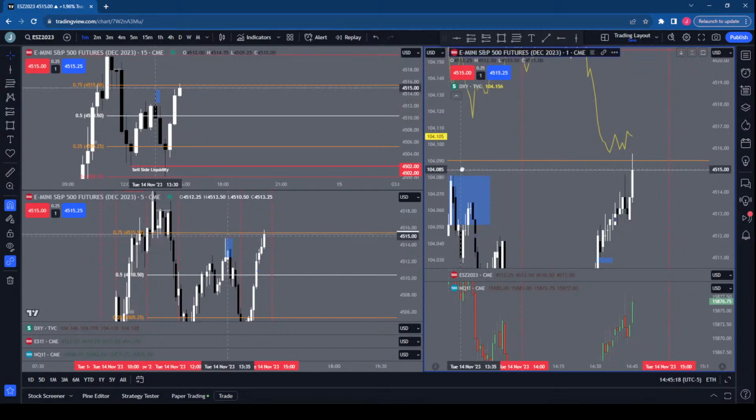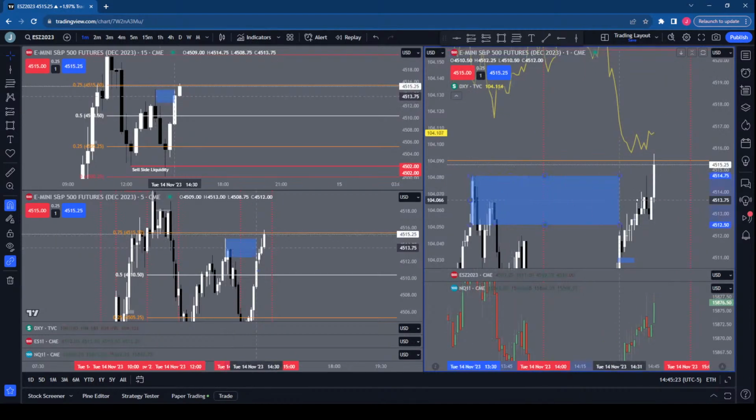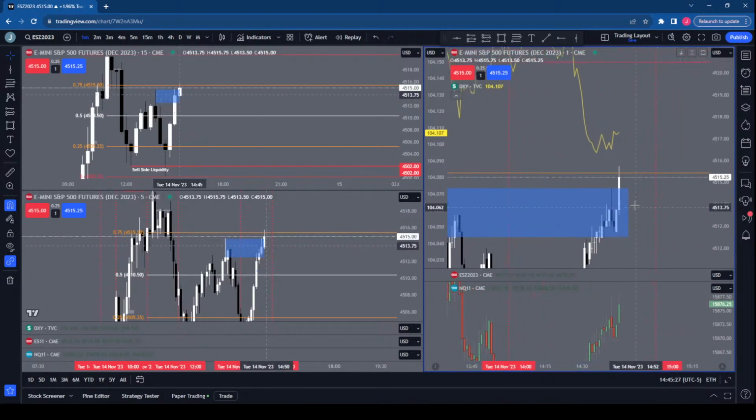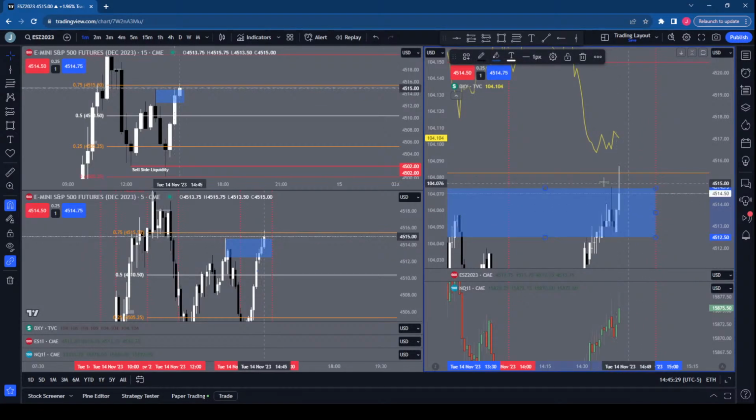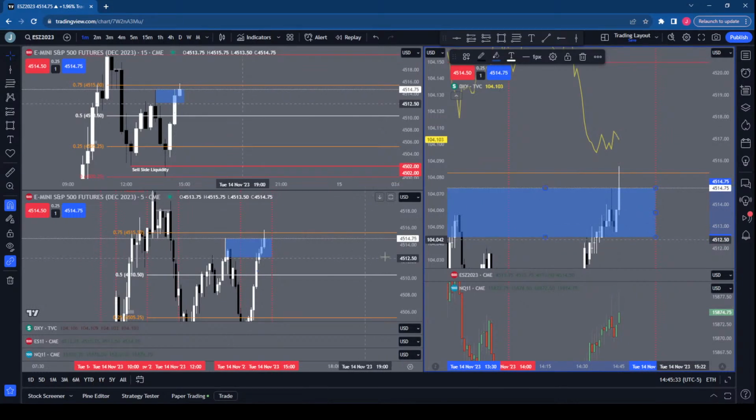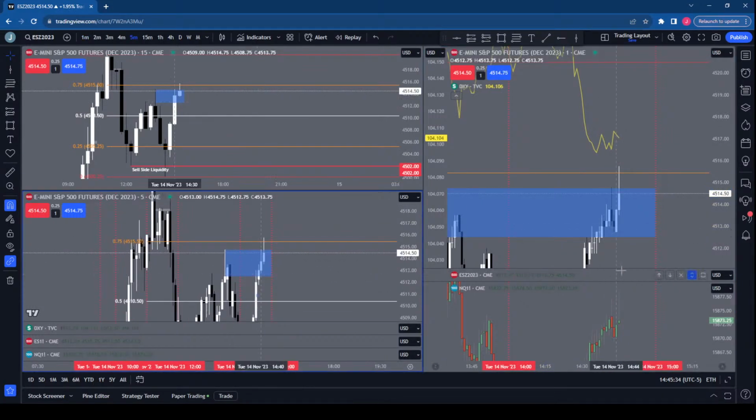I want to close above this high. I want to close. If it doesn't close, I'm just going to wait.